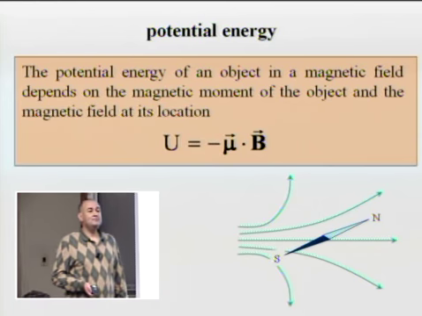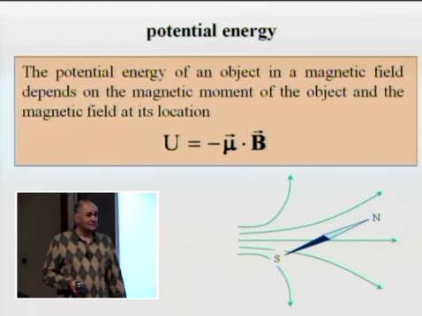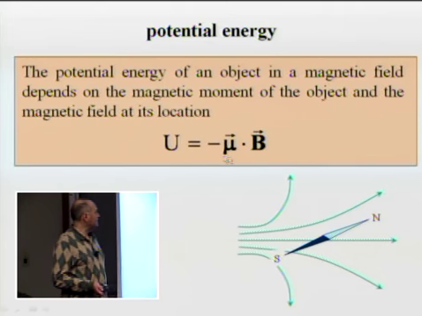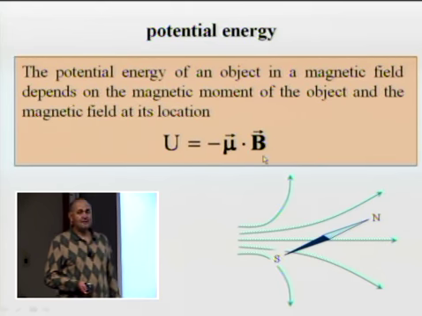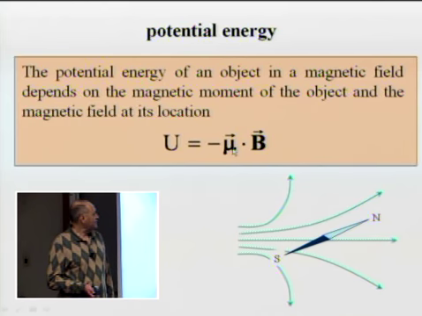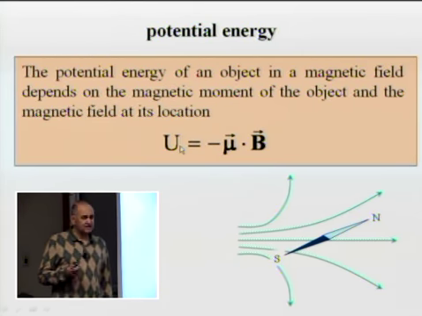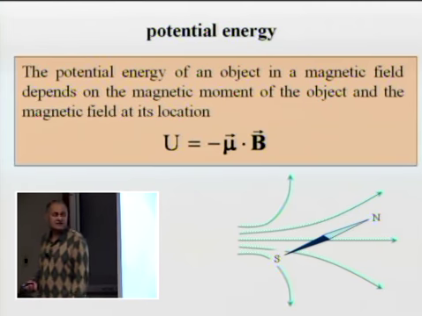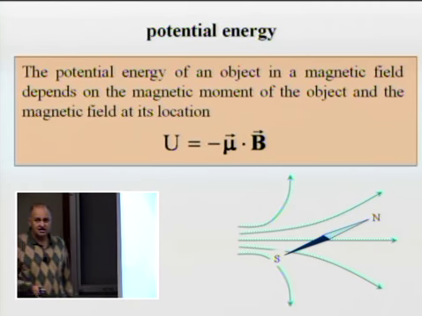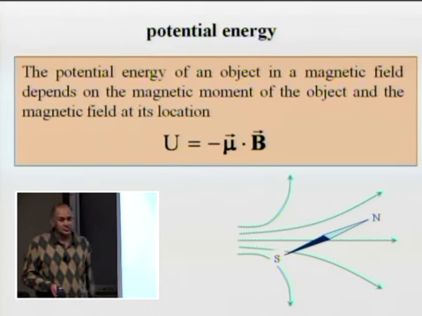When they are parallel. Then, when the magnetic moment and magnetic field vector are parallel, the product will have the highest value, which means that because we have a minus here, the magnetic potential energy would have the lowest value at this particular location, just due to orientation.